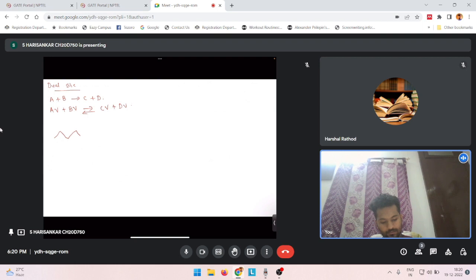So A will be adsorbed on this site, B on this, and this will undergo reaction, and you will get C and D, which are also adsorbed on the active sites.